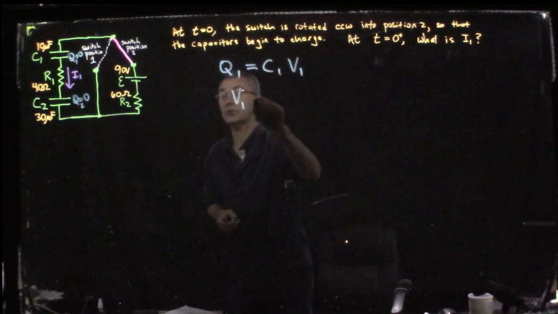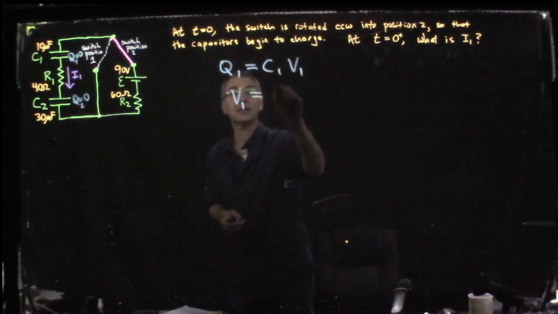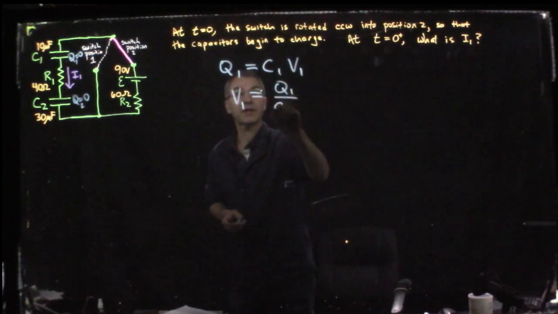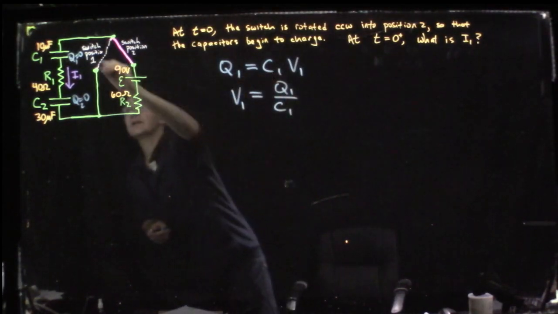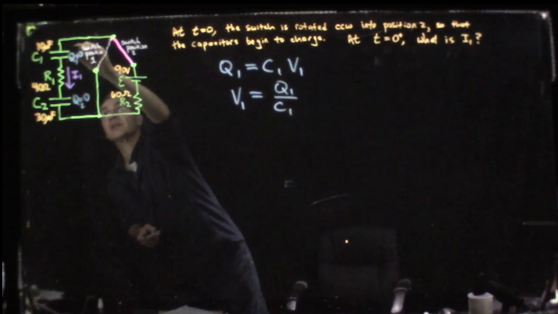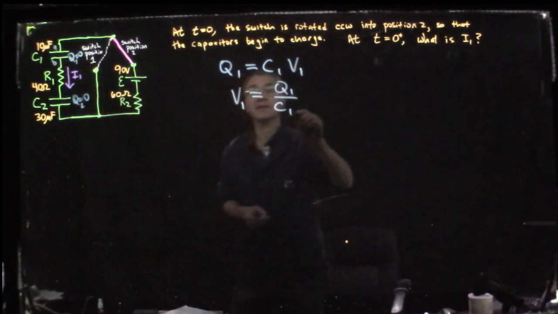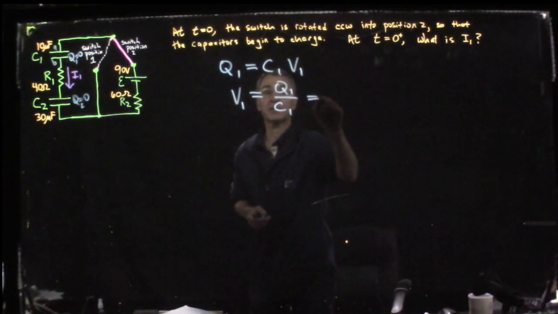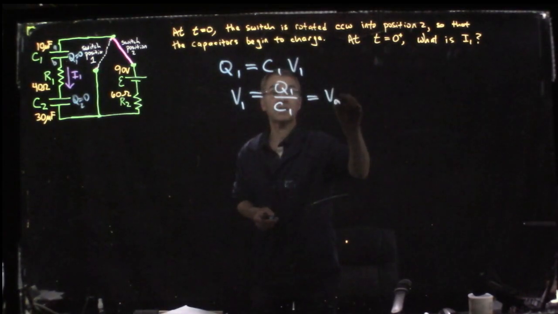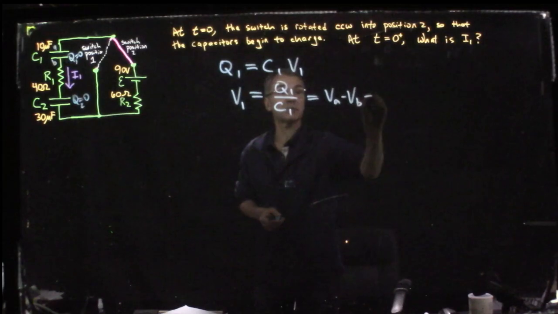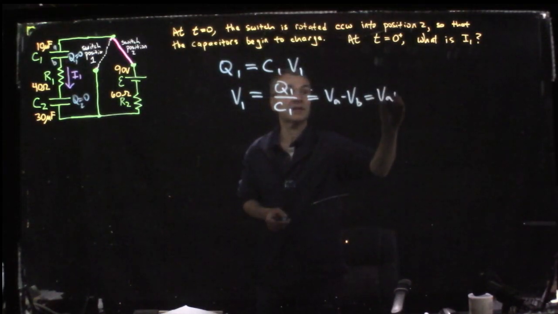So the voltage between the two plates of capacitor 1 is just Q1 divided by capacitance 1. If I call this point A and I call this point B, this voltage is VA minus VB, which we more conventionally write as VAB.